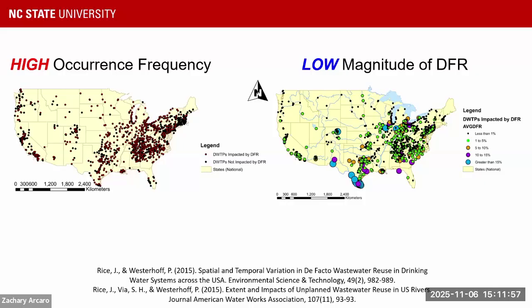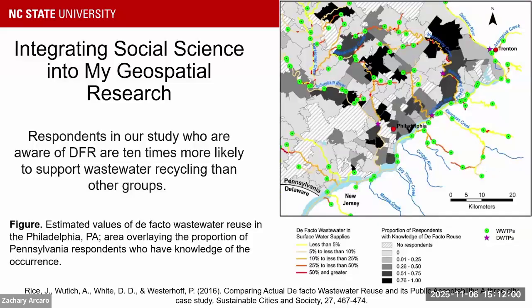From that, there was also this piece, and this ties into me sharing a bit about my personal background and experience. I was very interested in tying this into public perceptions. This was a chapter driven by my personal interest and a research need, and a faculty member who is a social scientist really helped me develop a social science survey.